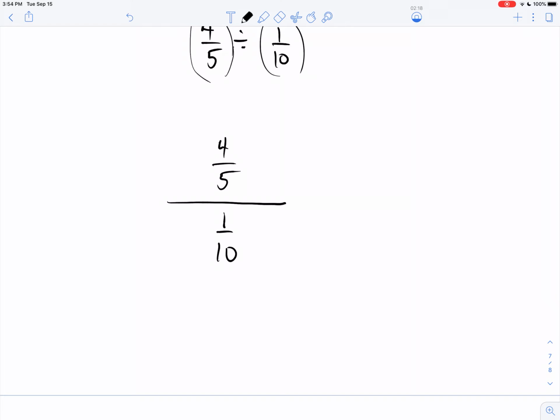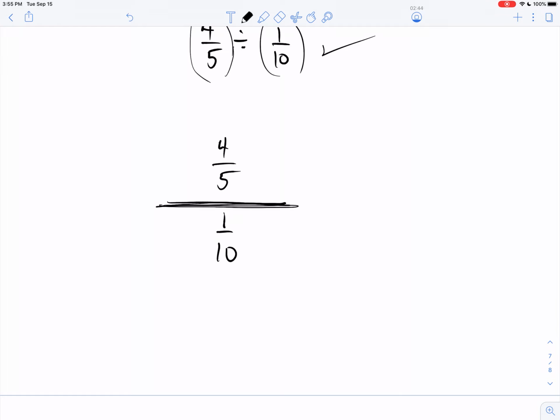You have a fraction inside your fraction. And if you have a fraction inside your fraction, well, this says 4/5 divided by 1/10. So I could write it like that. But here's the whole trick with why we multiply by the reciprocal of the second fraction.